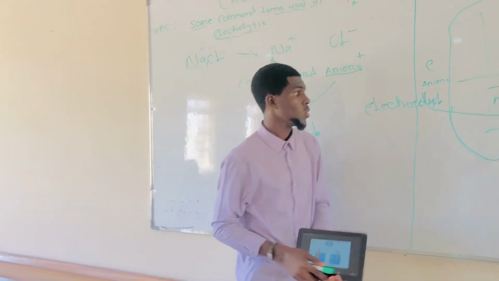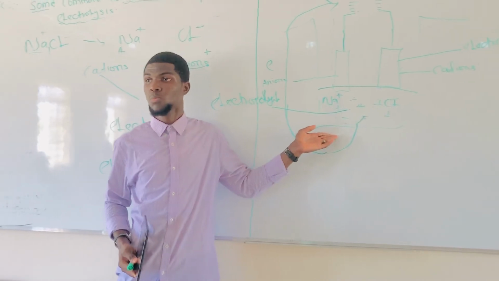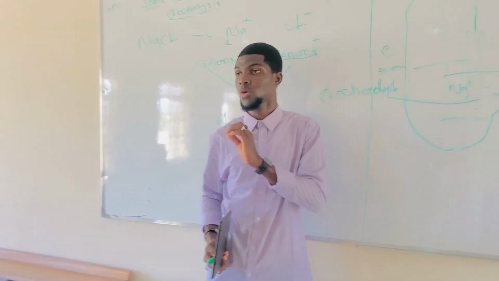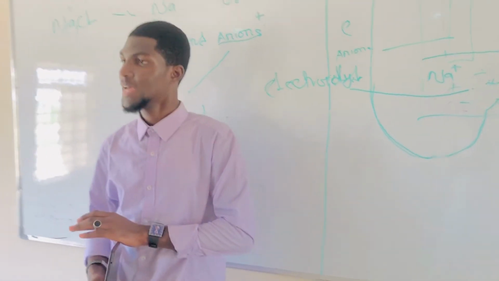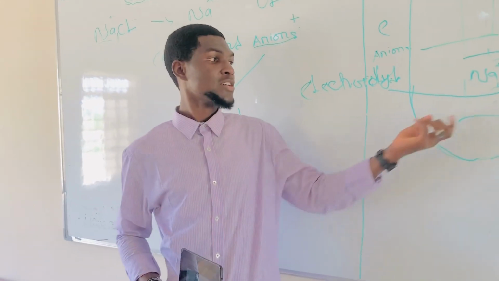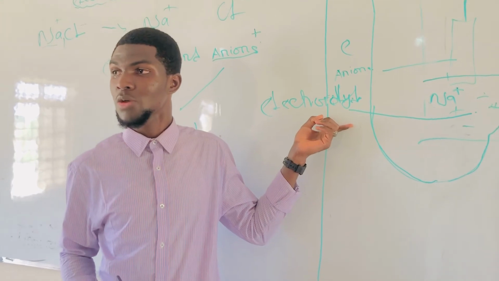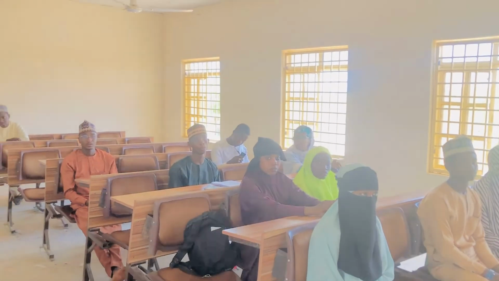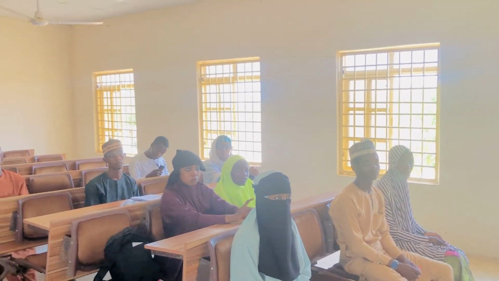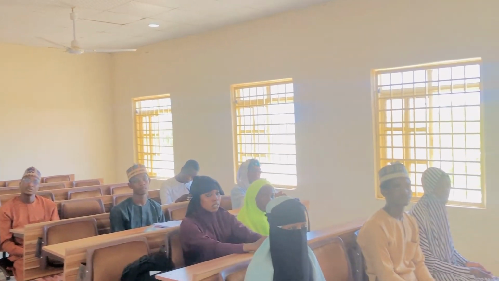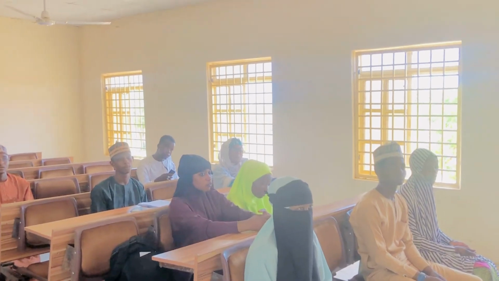I said it before. The source of electric current is from both the cations and the anions, and both the cations and anions are what we call electrodes, right? So the electrodes come from this. You understand? I hope I answered your question. Very good. Is there any question? It is a discussion class. You can challenge me. No questions.